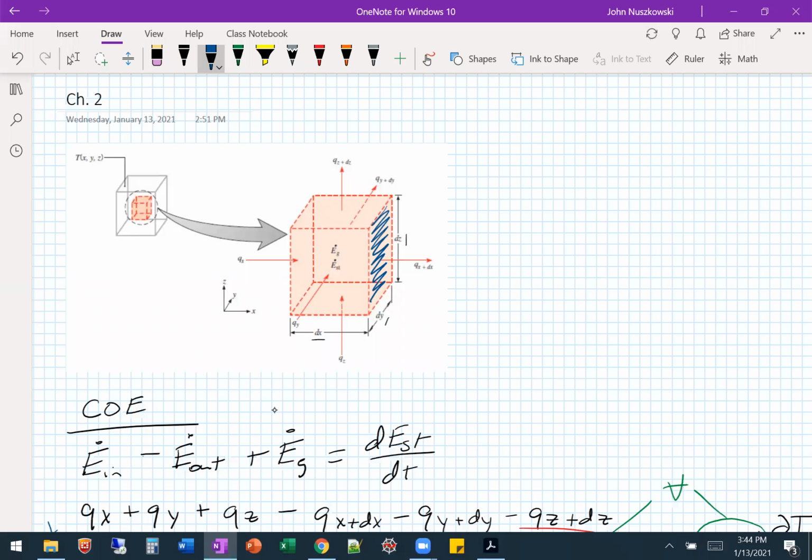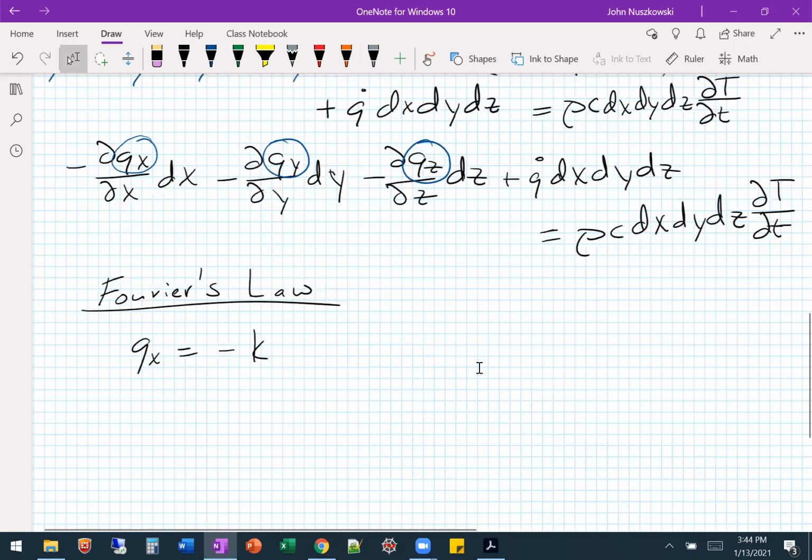And then for y, we have y across this, so y would be dx dz, and for z, we have it through this area, which is dy dx, okay? So that'll be our different ones here.